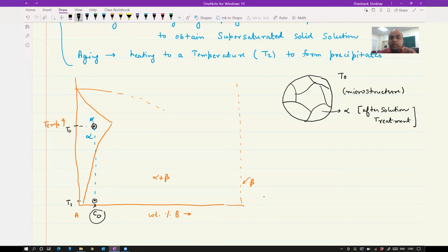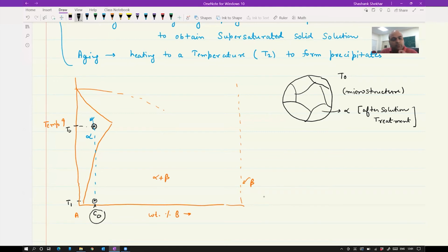But since we are quenching it, we are not allowing these solute atoms, B atoms, to go out. We have not given sufficient time for these B atoms to go out from the matrix to form beta phase. Okay, so almost all the B atoms are going to stay in the matrix, and that's why we call it supersaturated solid solution. Okay, remember alpha is also a solid solution, right?